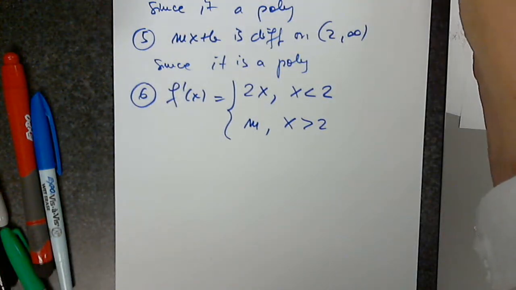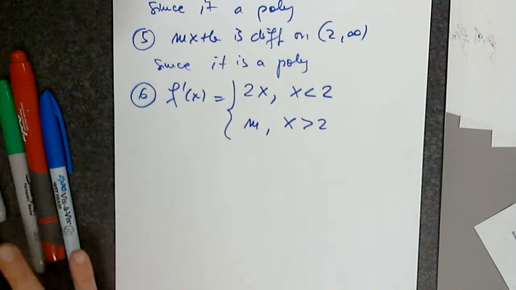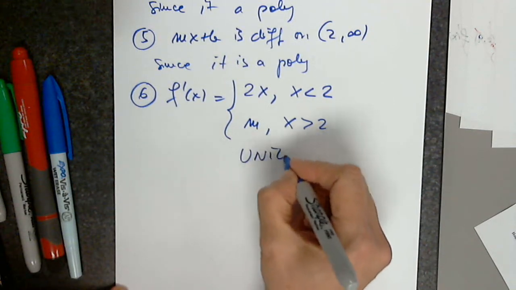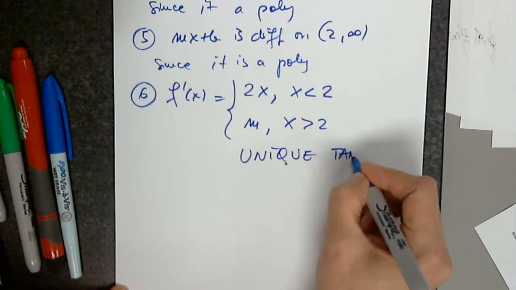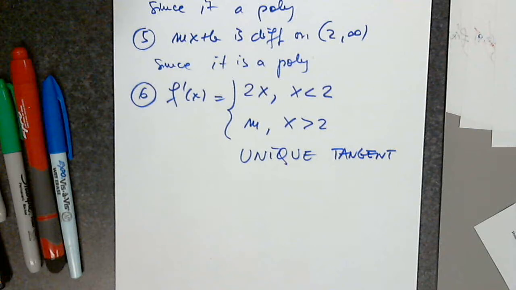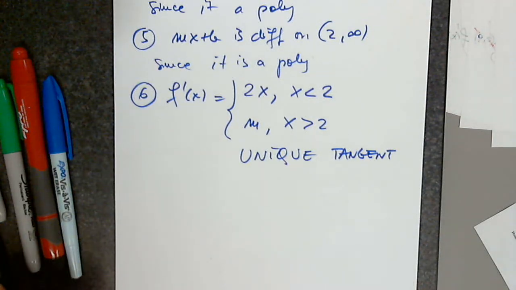Now I want to make this basically a differentiable function. So what has to happen now? Remember the unique tangent. The function has to have a unique tangent at 2.